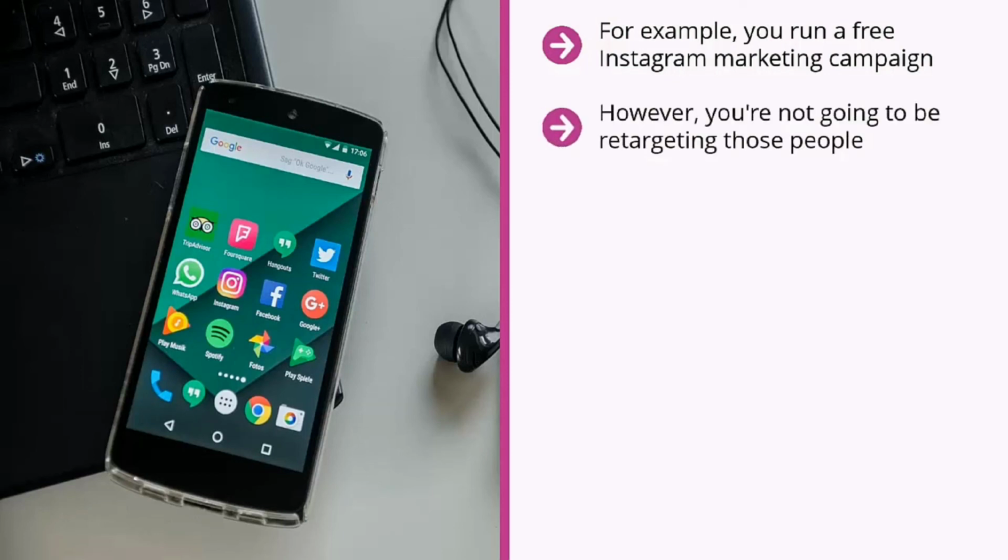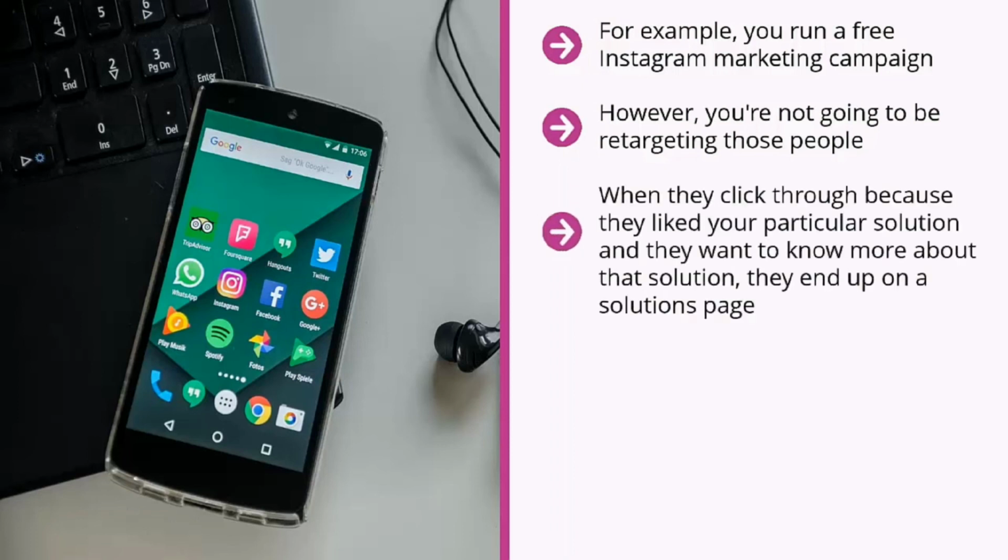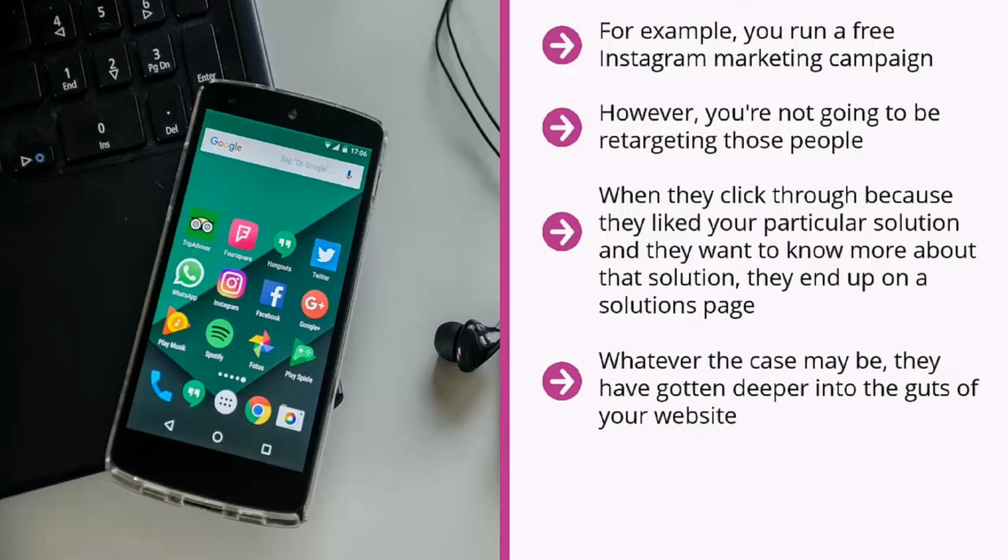However, you're not going to be retargeting those people. That's still too shallow. When they click through because they liked your particular solution and they want to know more about that solution, they end up on a solutions page. This may be a sales page, or this can also be another consumer guide page. Whatever the case may be, they have gotten deeper into the guts of your website.